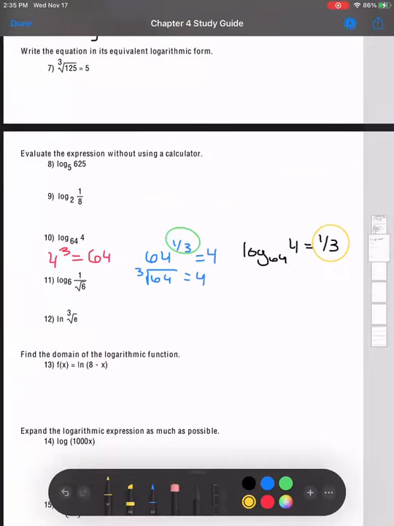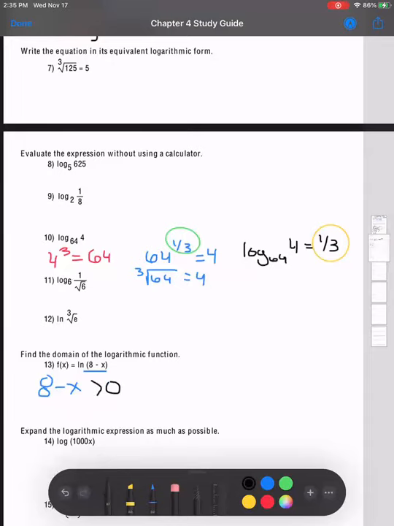Okay, so for number 13, it says find the domain of the logarithmic function. So for this one, you're going to have to remember that the domain means where the x can exist or where the function can exist. So we know that ln 0 does not exist and ln of a negative number does not exist. So that means that this 8 minus x has to be greater than 0. So you're going to have 8 minus x is greater than 0.